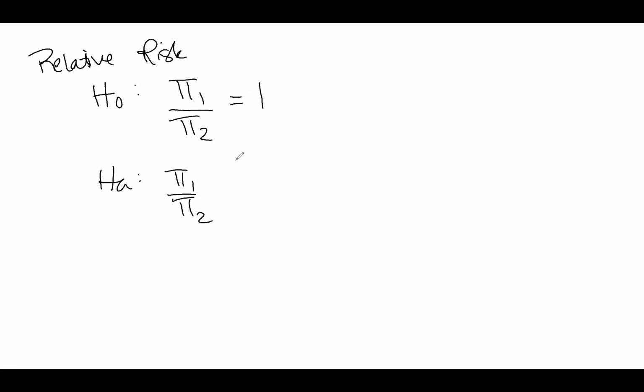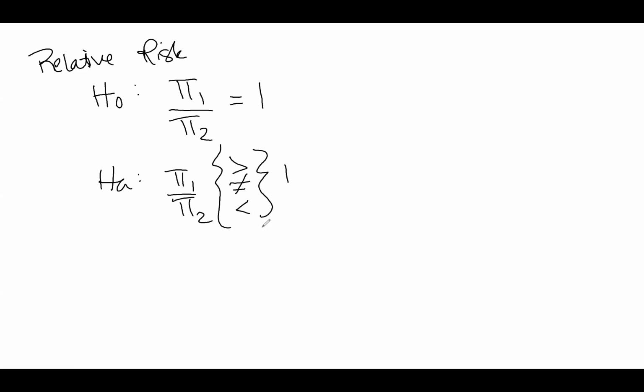Our alternative, again, can be right-sided, two-sided, or left-sided, dependent on that research question. And we just use the appropriate statistic to find our p-value. And we'll look at those simulations once we start looking at that worksheet.